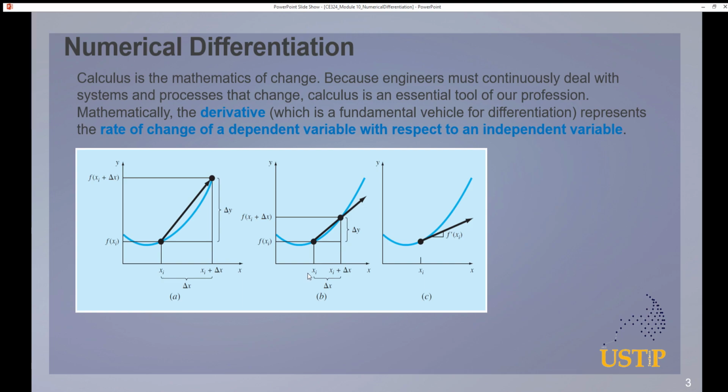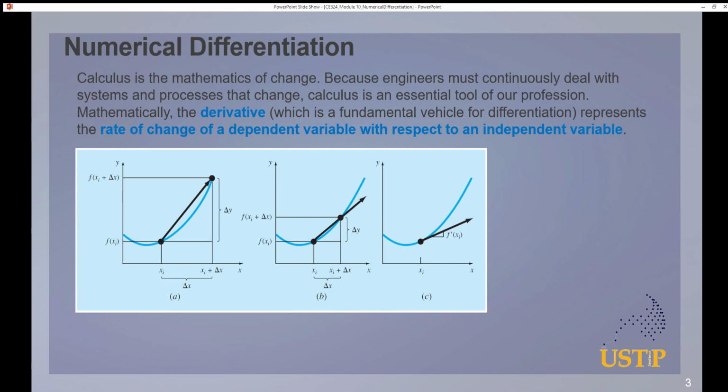Now, if we have this small change delta x, it basically means xi is the first coordinate, and the second coordinate is xi plus delta x. If we talk about y, it's f of xi plus delta x, with the corresponding delta y.